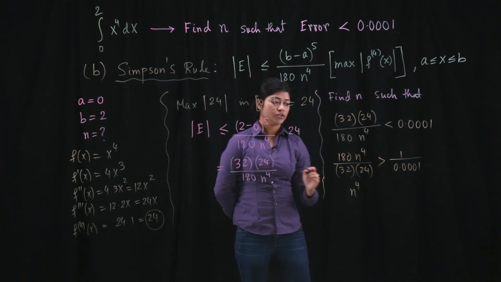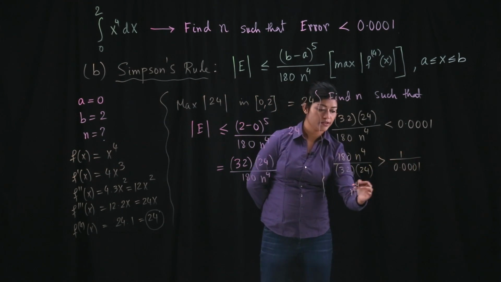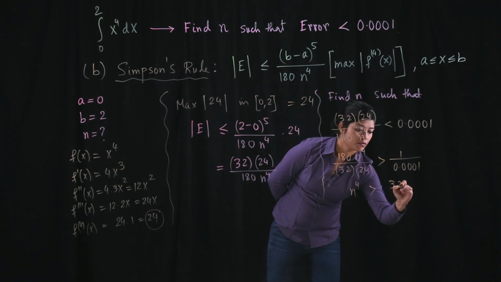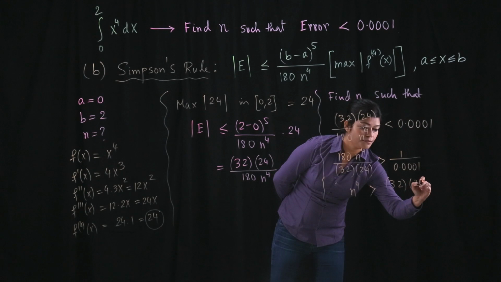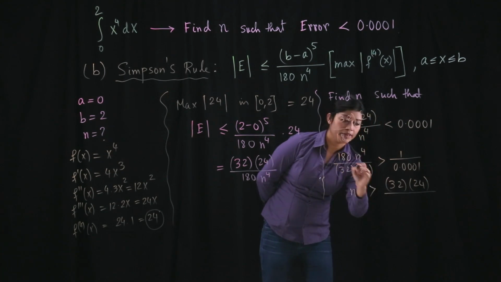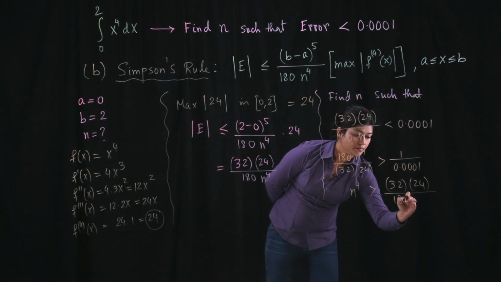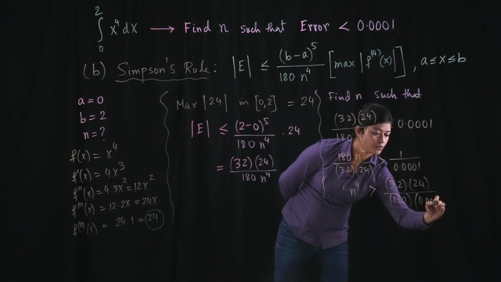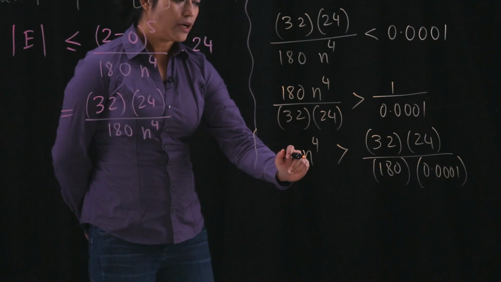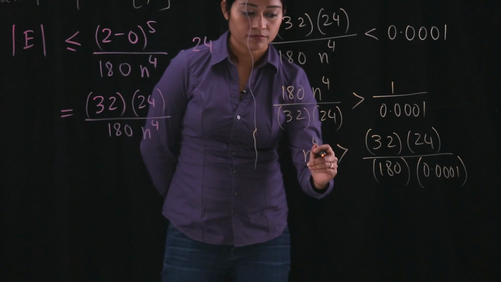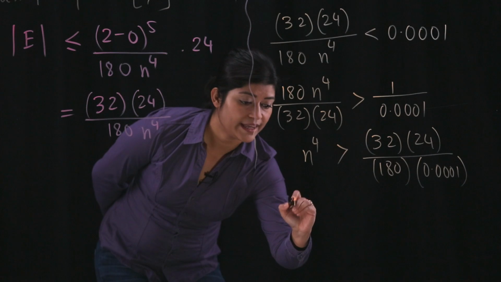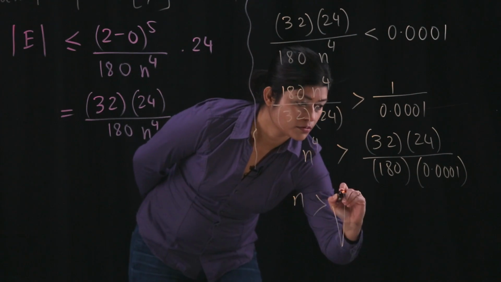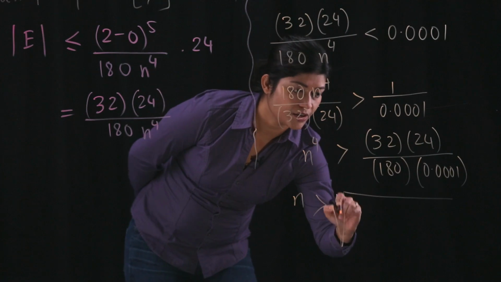So just take all the constants to the right-hand side. So n to the 4 is greater than 32 times 24 divided by 180 times 0.0001. So we can solve for n from here. So n is greater than the fourth root of this entire quantity.